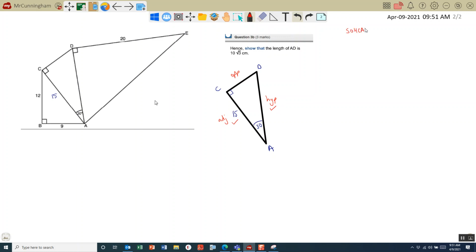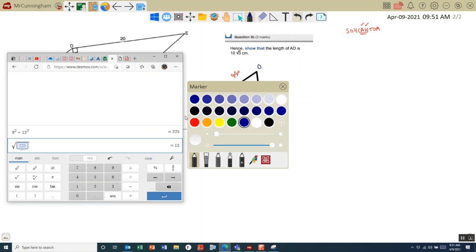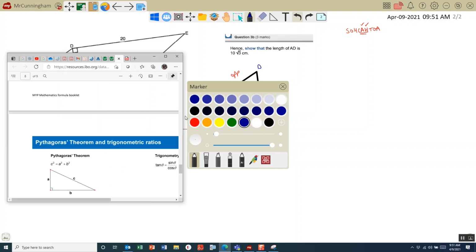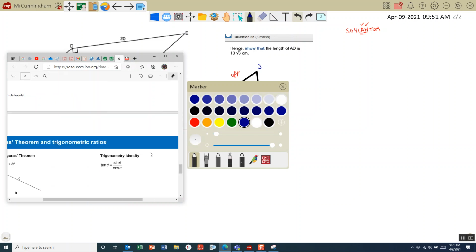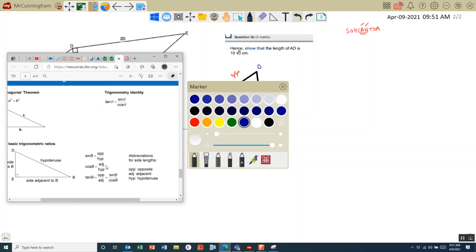So I know the adjacent, and the hypotenuse is the one I want to work out. So thinking of our SOHCAHTOA, I know the adjacent, hypotenuse is what I want to work out, so I'm going to use CAH, or cos. And the formula, again, is given to you in the formula booklet. So we scroll over. Cos is equal to adjacent over hypotenuse.